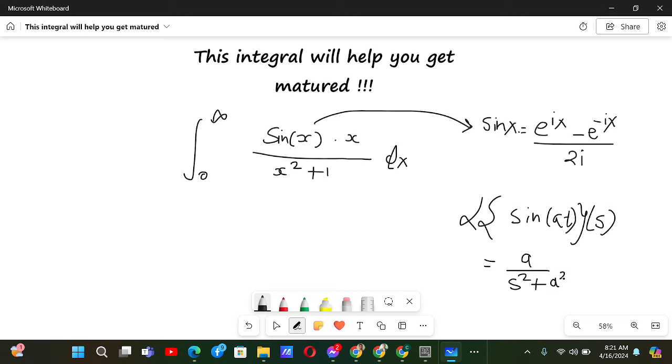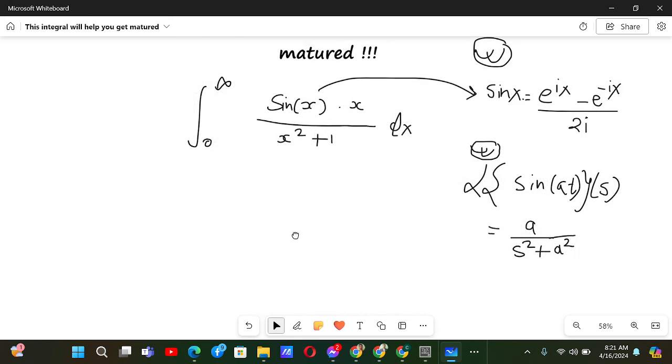In this way it also changes to a polynomial, and having all polynomials will be easier to deal with. So these are two ways in which you can simplify the sine that comes in an integral. Okay, so let's do it.